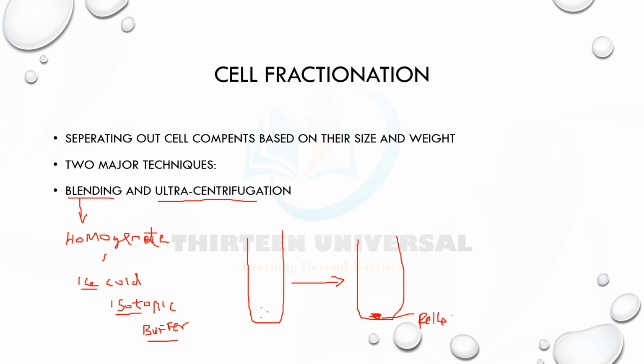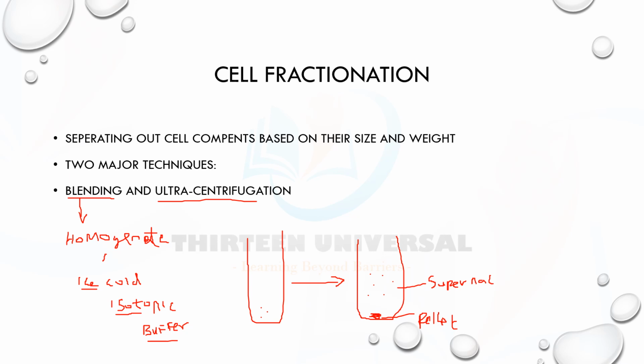Above the pellet we have a bit transparent solution, which is called the supernatant. The supernatant contains other structures yet to be separated. They are all there.